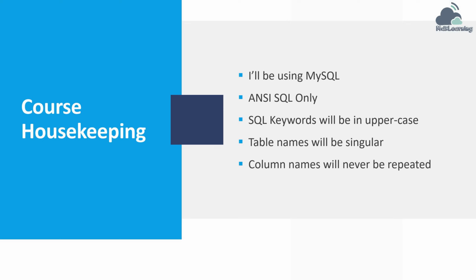I'm never going to repeat column names inside of a database. So most column names will be prefixed by the name of the table, like person underscore first name or person underscore last name. And that is just another piece of database design that I follow. Hopefully it will make the expressions and the statements clearer to read. And you may or may not follow that.